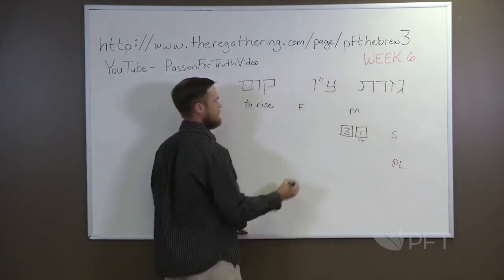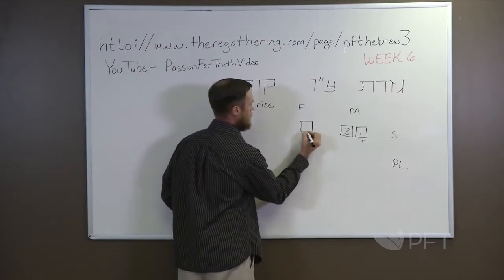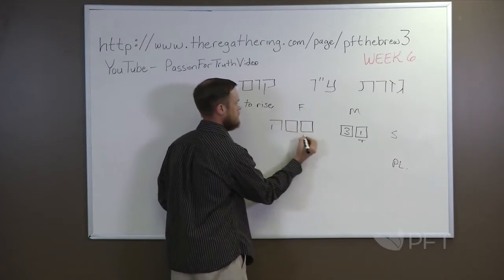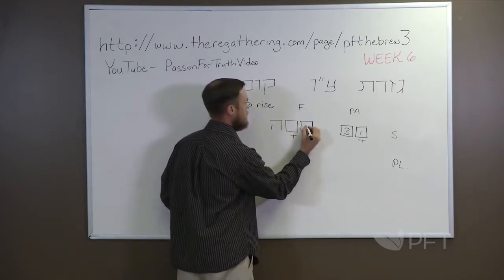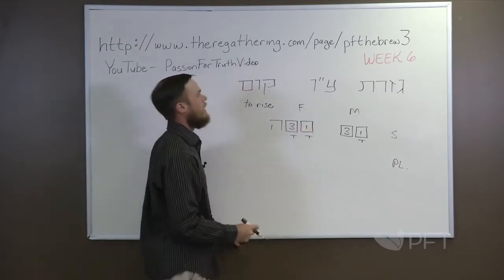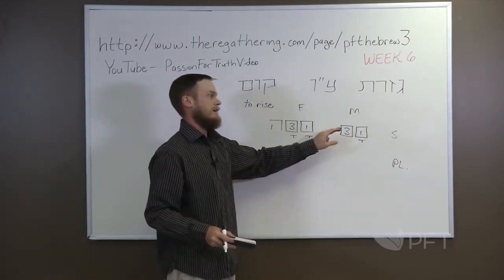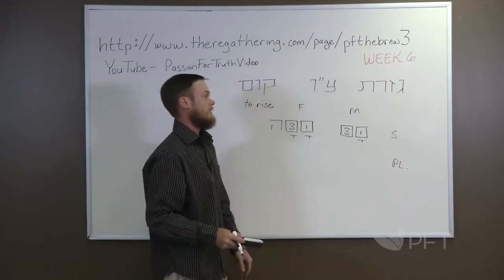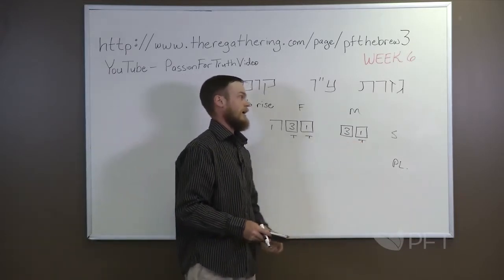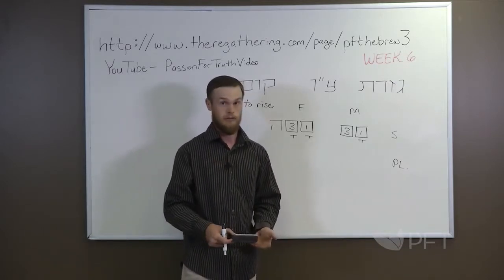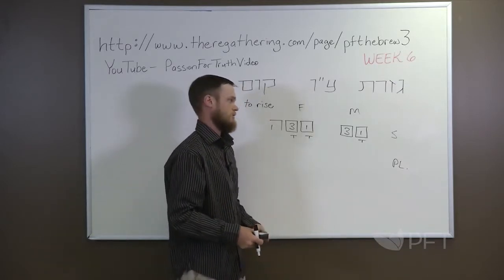So the masculine singular, feminine singular. You'll notice that the vav drops out of these also. And another thing that you will notice is that the masculine singular of the present tense is spelled the same as the third person masculine singular in the past tense.